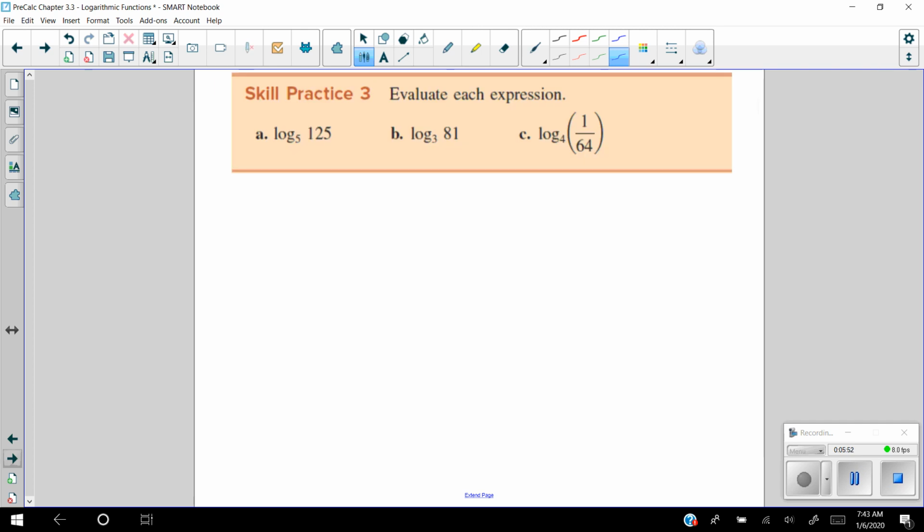Some more evaluating here. 5 to what power would be 125? That's the third power. 5 times 5 times 5. 3 to what power would be 81? I believe it's the fourth power. If you use a calculator, 3 to the third is 27 times another 3 is 81.